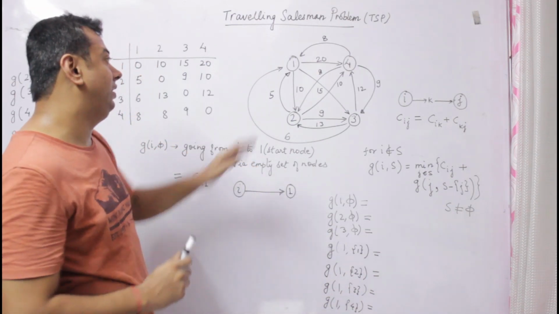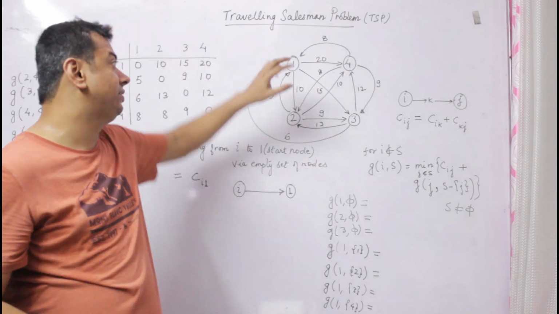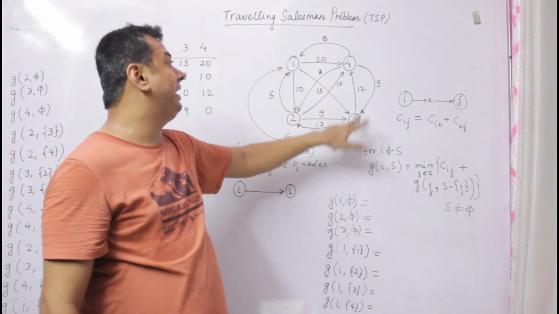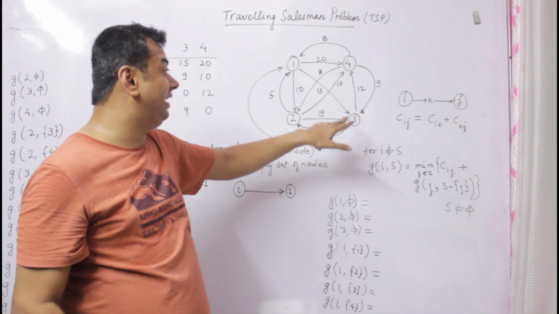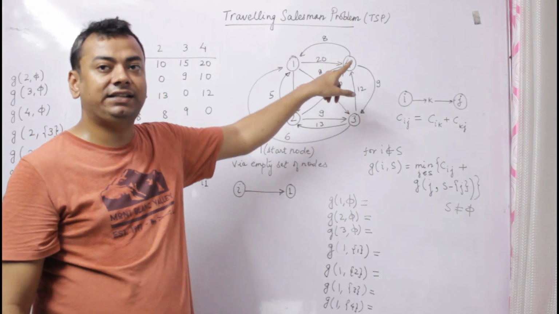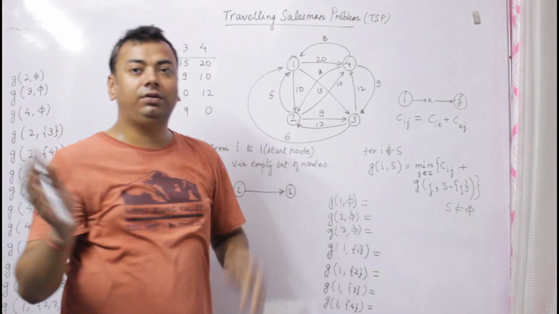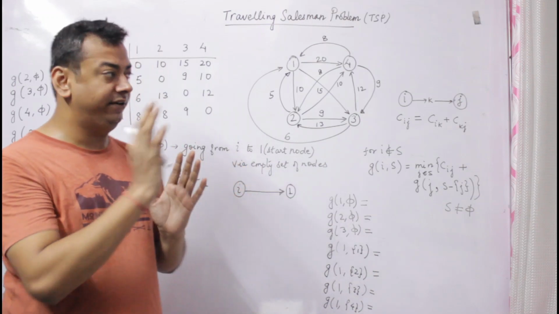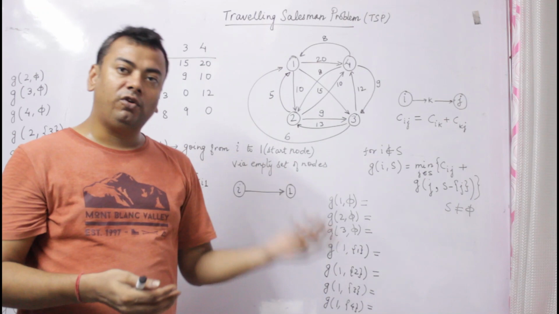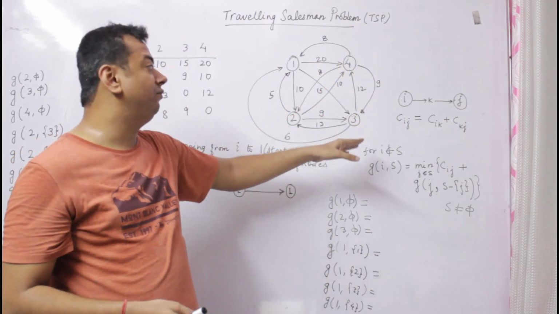For example, in this case, the salesman can start from 1, go to 3, then go to 4. Remember, he can go only if there is a directed edge. If there is no directed edge, if you map this problem to a real life problem, there could be some difficulty in roadways or airways, so he cannot go from 3 to 4.